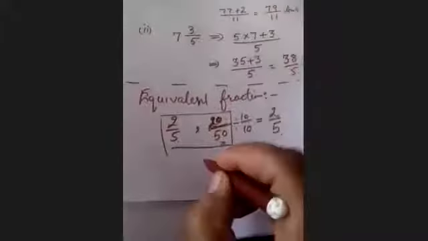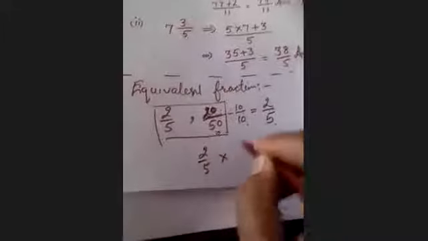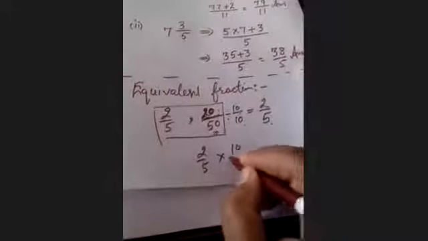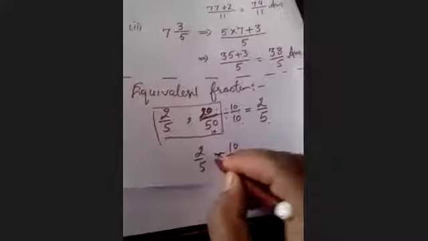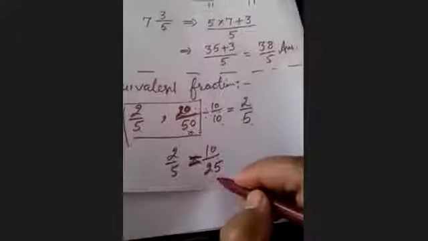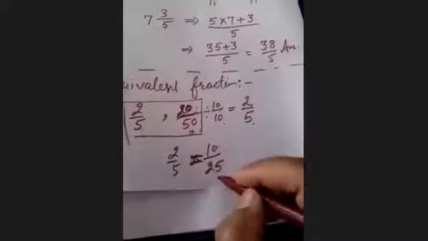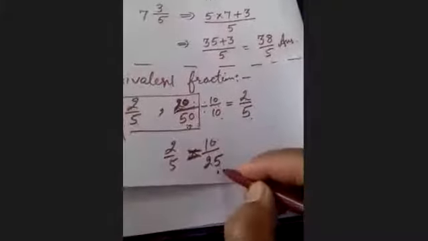One more example, 2 upon 5 and 10 upon 25. Now convert 10 upon 25 into its simplest form. 10 and 25 both are multiples of 5.